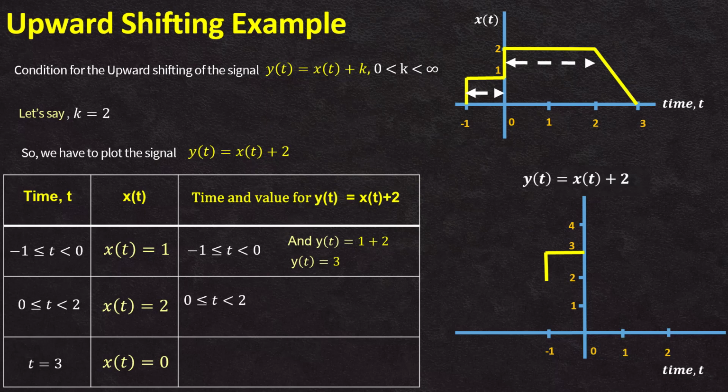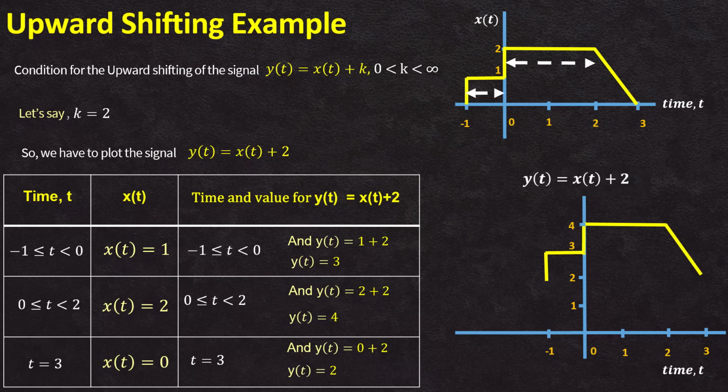So if we add 2 with every value of the signal in this time interval, the value of the signal y(t) will become 2 plus 2, which is equal to 4. And at time t equal to 3, the value of the signal x(t) is equal to 0. If we add 2 with the signal x(t), then value of the signal y(t) will become 0 plus 2, which is equal to 2.